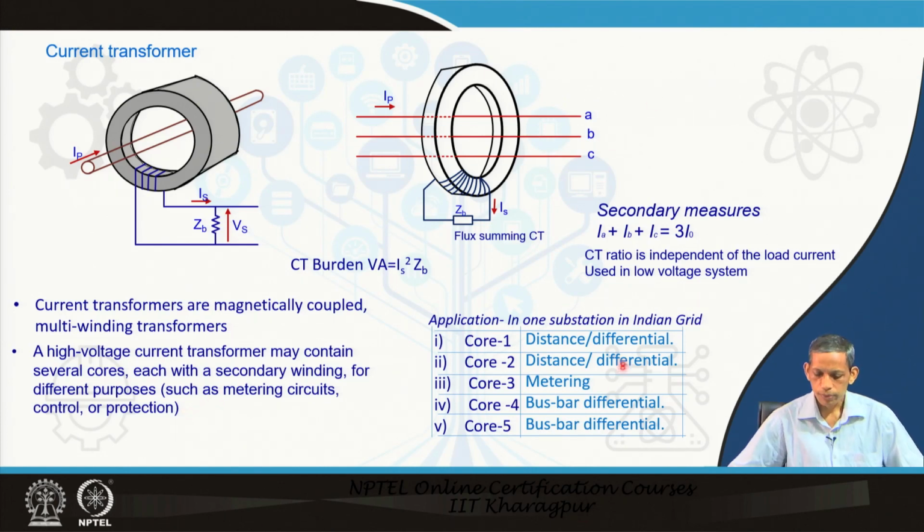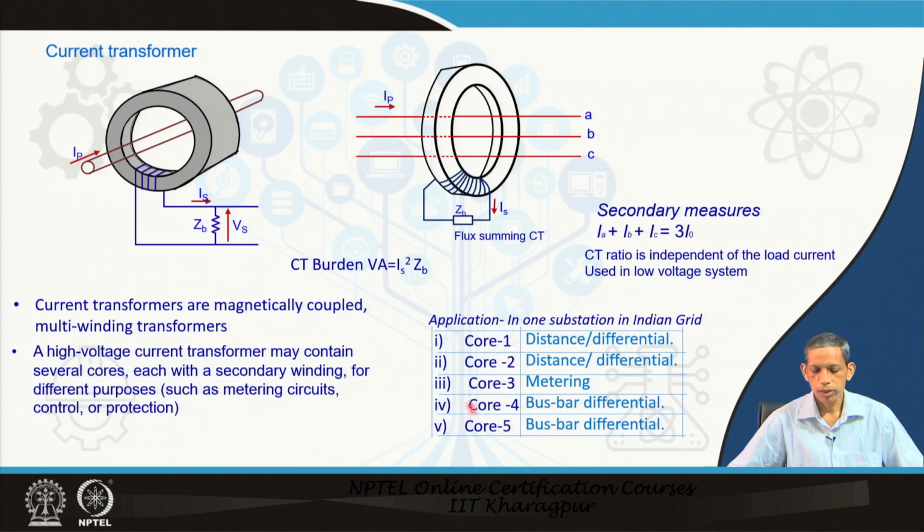For example, in a substation in the Indian grid, it is found that there are 5 core CTs. One core is connected to the distance and differential relay, core 2 with its corresponding winding is connected to the further distance and differential, core 3 is connected to metering, core 4 is connected to the bus bar differential and core 5 is also connected to the bus bar differential.